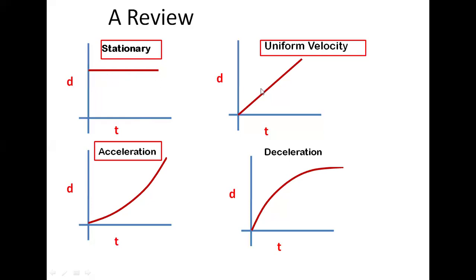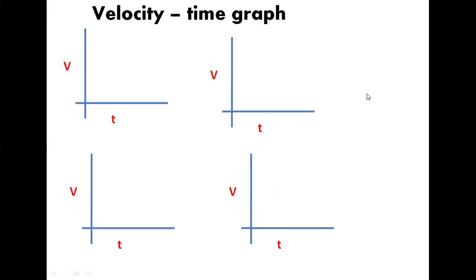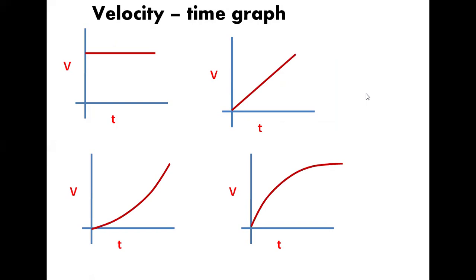It will be showing uniform velocity. First one parallel to the x-axis or time axis. So this one shows uniform velocity. It means body is in motion, but the velocity of the body or speed of the body is constant.